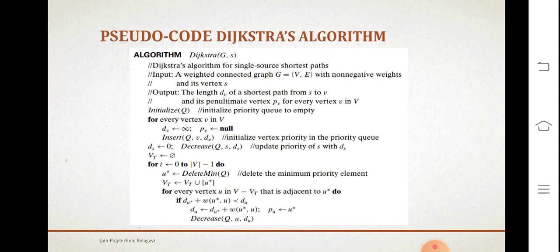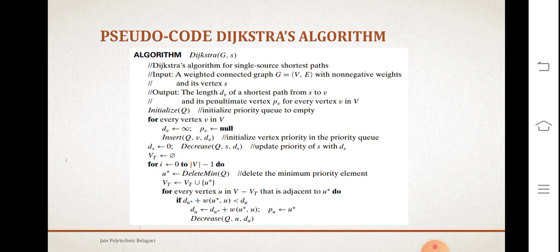The input is a graph G consisting of vertices and edges with non-negative weights, and its vertex S. The output is the length dv of a shortest path from S to v, and its penultimate vertex pv, for every vertex v in V.